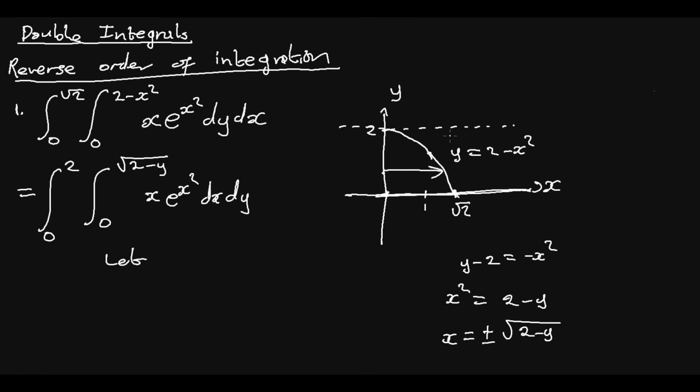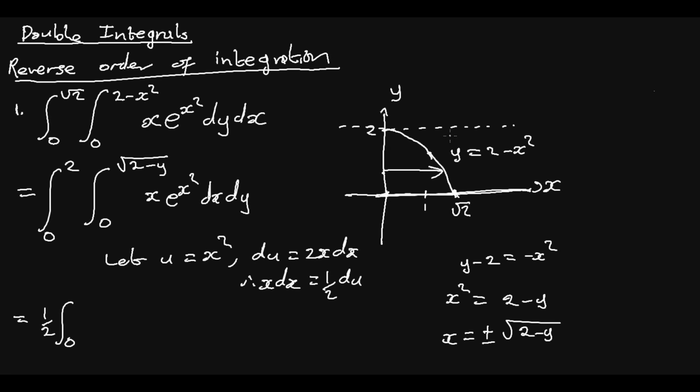Okay, so let u is equal to x squared, du is equal to 2x dx. You can see x dx is equal to 1 over 2 du, right? So therefore this is equal to 1 over 2, which is a constant, so 0 to 2.